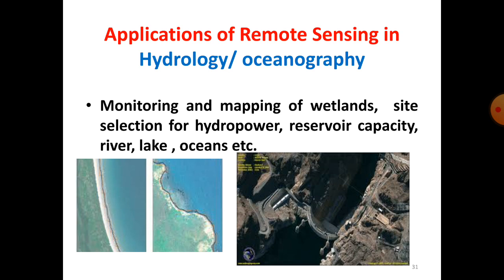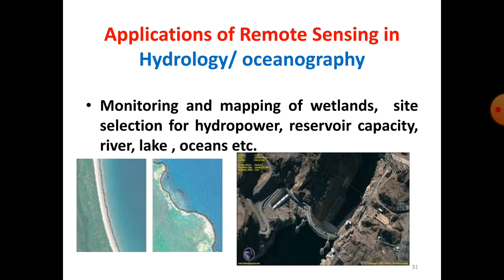It is used to monitor and map the wetlands and for site selection of hydropower. Electricity generation through water is called hydropower. So, the site where hydropower could be generated can easily be identified by using this remote sensing technology. It also helps in knowing the water content in dams.